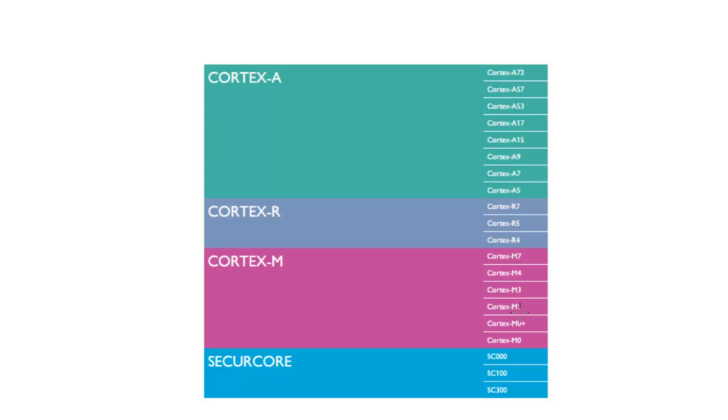Now in this particular video, we'll be looking at the simple basics: there are various families of ARM microprocessors or controllers, as you should know, and we'll look at what those various families are, where the Cortex M series stands, and why we are using it in this series.